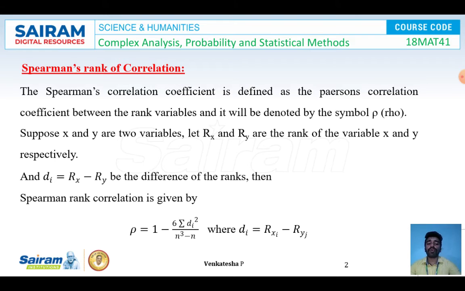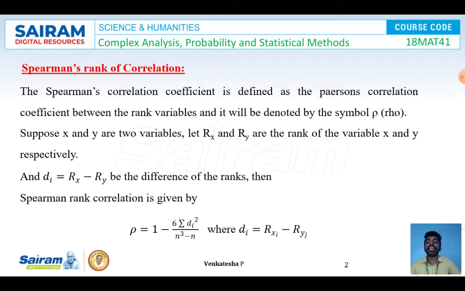Spearman's rank correlation. The Spearman's correlation coefficient is defined as the Pearson's correlation coefficient between the ranks of variables, and it will be denoted by the notation rho. Suppose x and y are two variables, and rx and ry are the ranks of the variables x and y respectively.